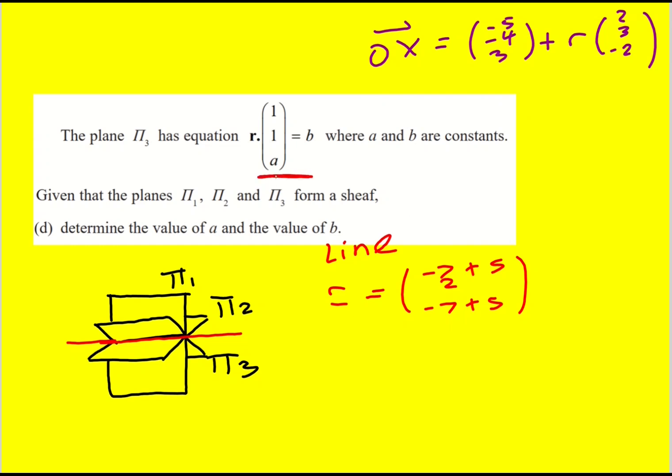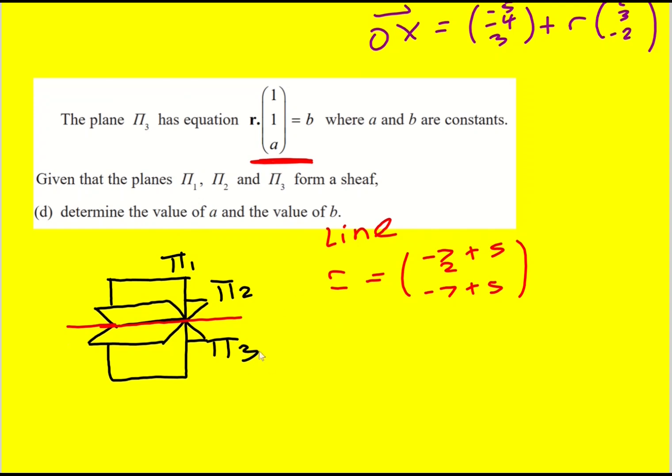And of course, we've got the plane here, r dotted with (1, 1, a), and that's equal to b. Now, we know some points. This is how I did this question. We actually know some points in pi3, so I can sub in. I don't, in fact, need that there.